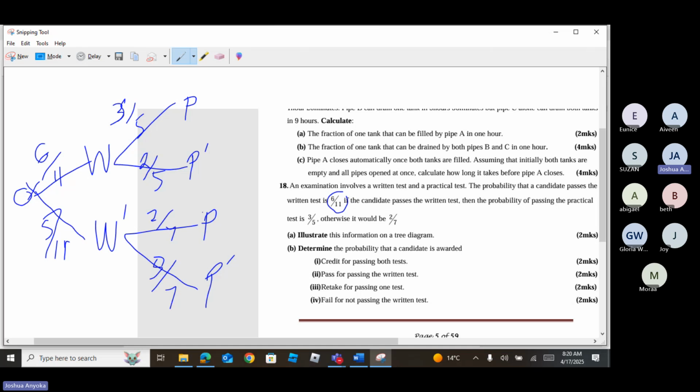Illustrate this information on a tree diagram. Check on where probability is taken and where are we taking chances. So what is the outcome? The possible outcome from this probability, where we say the tree diagram will help us to see the possible outcome.